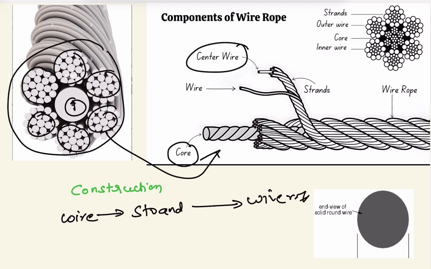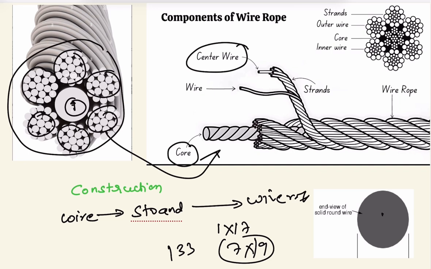Now how does this construction affect the properties? If we go deeper, we have a number of wires. Suppose there is a 1 into 7 construction, and you have another construction like 7 into 19. The number of wires in 7 into 19 is 133 wires.